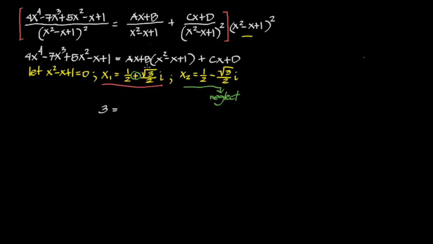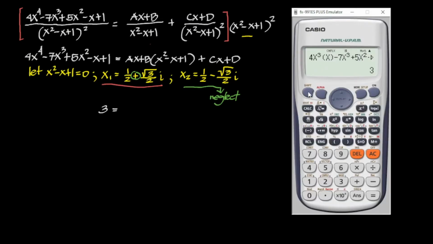Ayan. Now, kung i-input naman natin siya dito na equation, ano kaya ang sagot? So, nasa mode 2 pa rin tayo ha. Input lang natin sa x squared minus x plus 1. Press calc.